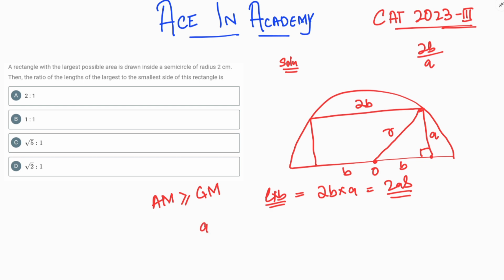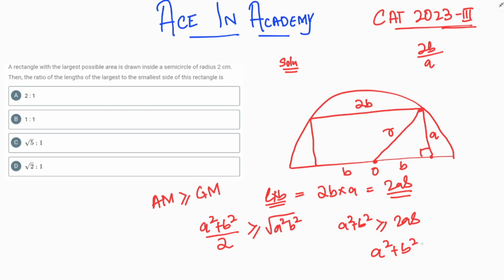So if we take the arithmetic mean of a square and b square, then it is equal to (a square plus b square) by 2, and it is always greater than or equal to the square root of a square into b square. So if we calculate it, a square plus b square is always greater than or equal to 2ab.